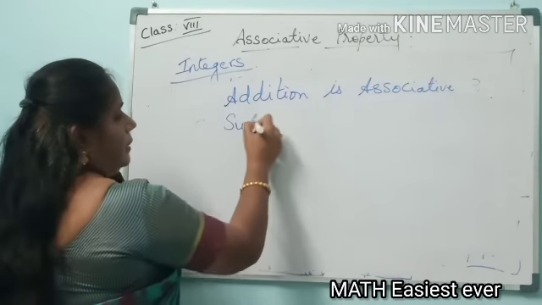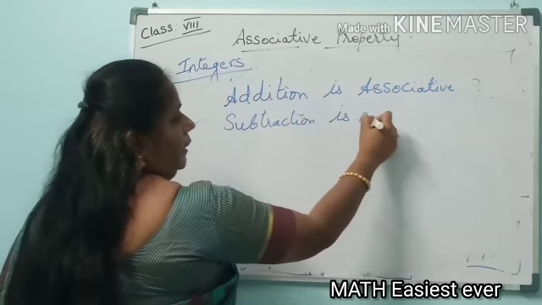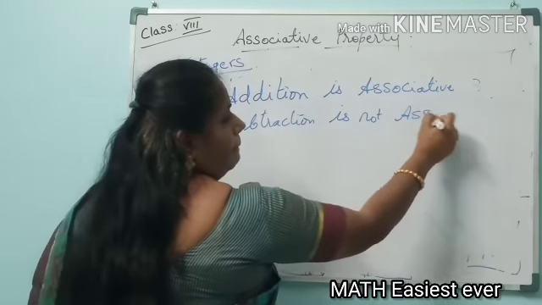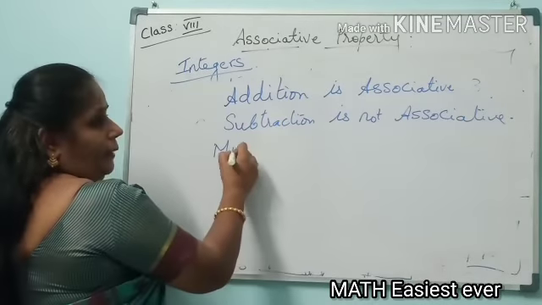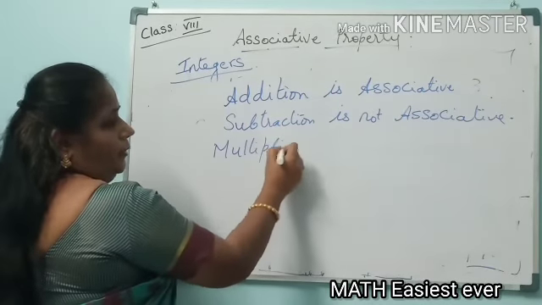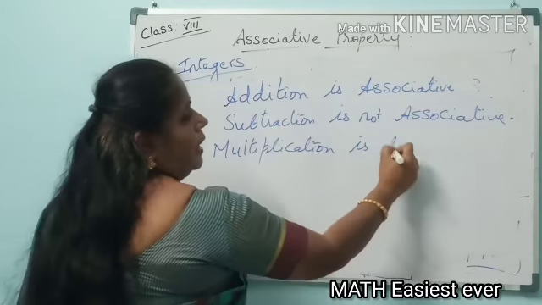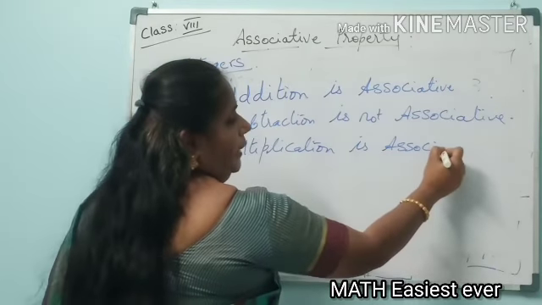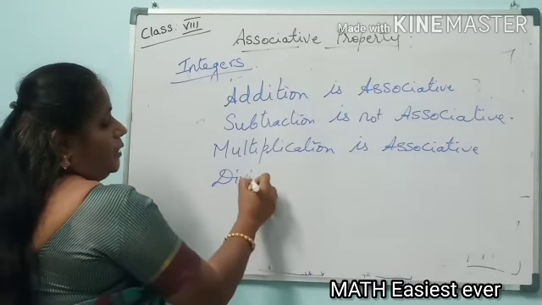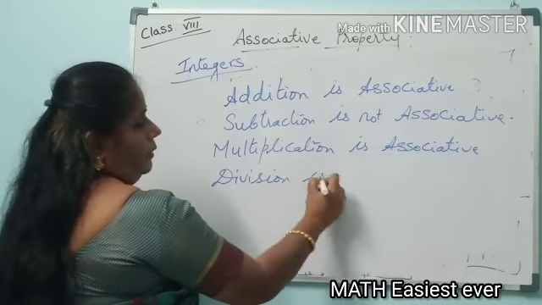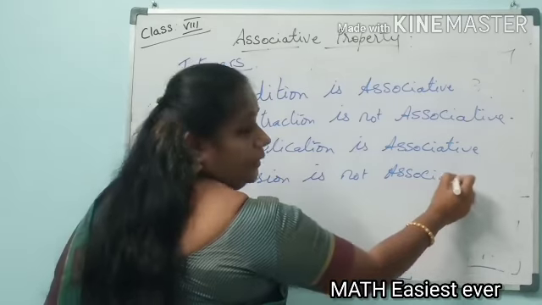Then what's next here? Subtraction is not associative. Then we had multiplication is associative, right? Multiplication is associative, and finally we checked that division is not associative.